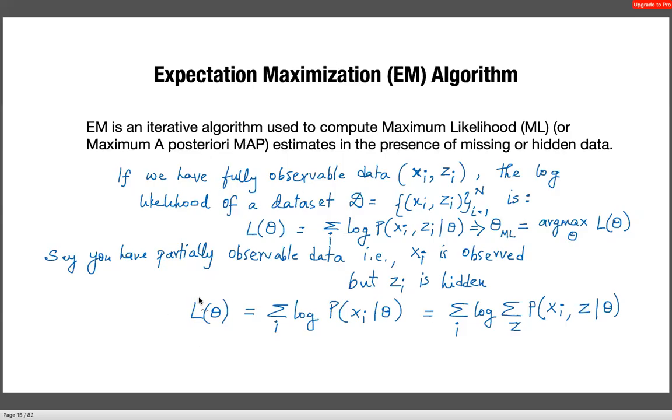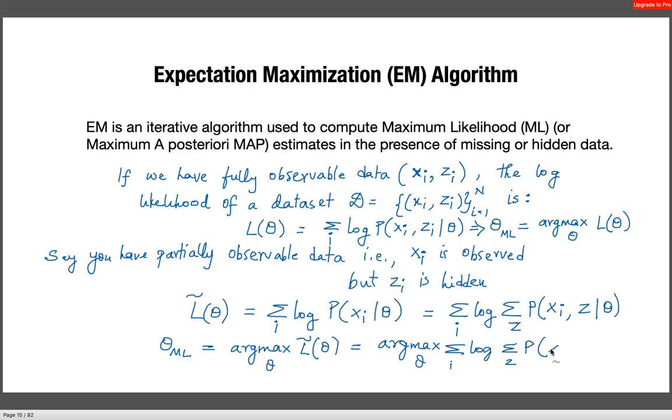Okay, so now given this, let's call this L tilde. So now what is the ML estimate? It's the theta which maximizes this L tilde theta, right? Which is this formulation.